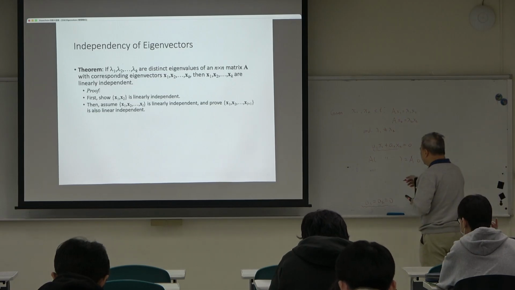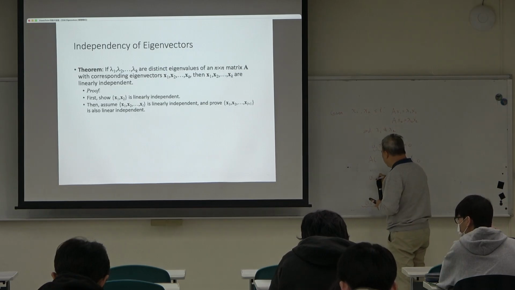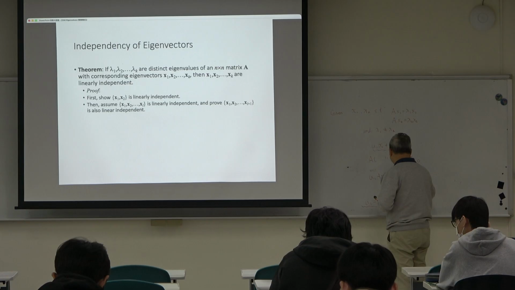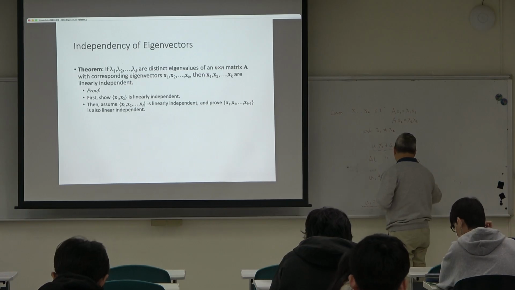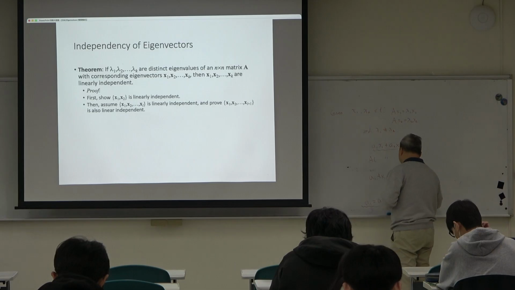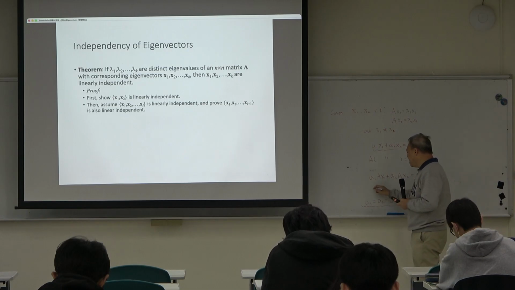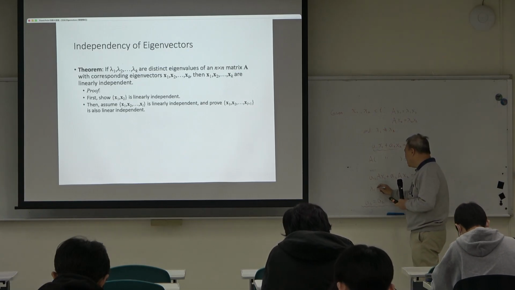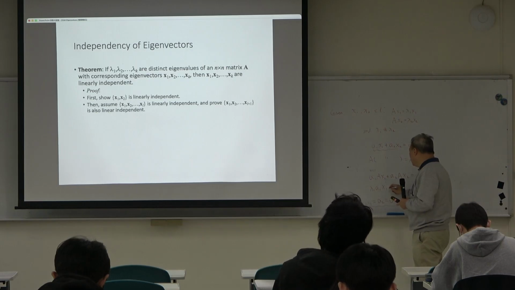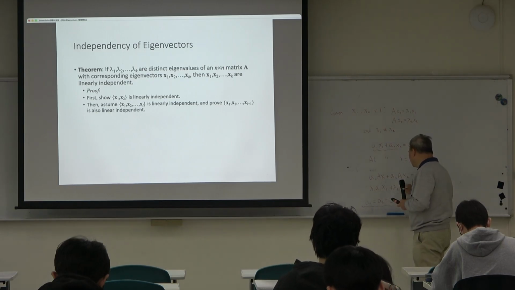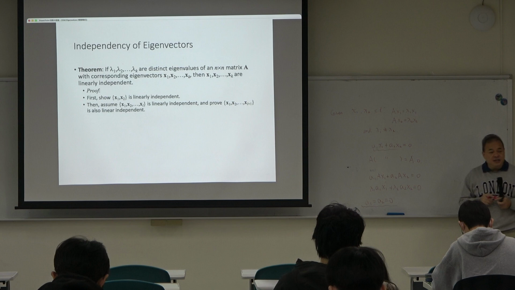This will be a1 A x1 plus a2 A x2 equal to, well, A0 is still 0. And then A x1 is lambda 1 x1, so we have lambda 1 a1 x1 plus lambda 2 a2 x2 equal to 0. So far so good, right?